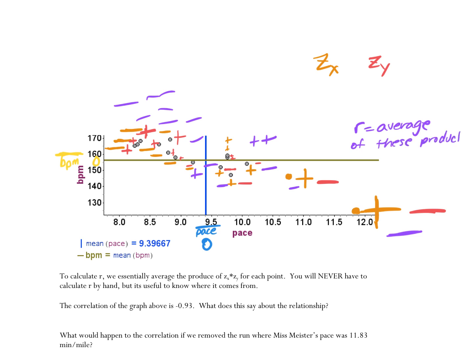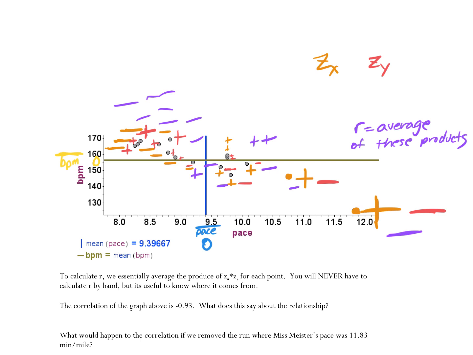As we start looking at just the purples, I'm averaging a lot of negative numbers with a very small amount of positive numbers. What's the overall result going to be? Negative. So this has a negative correlation.